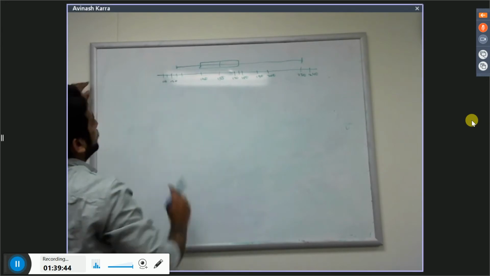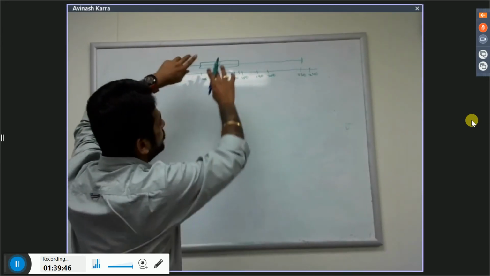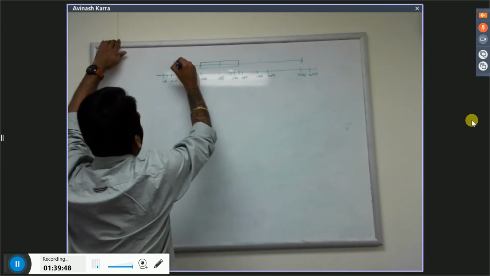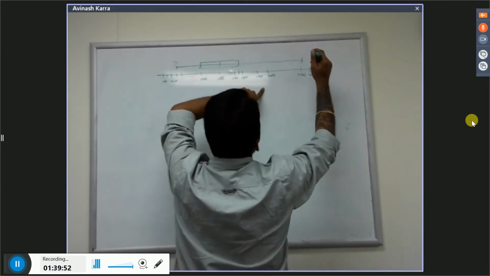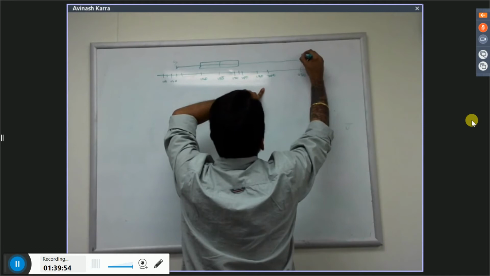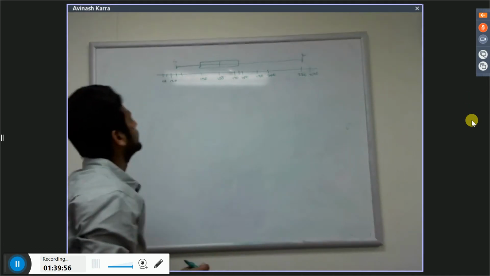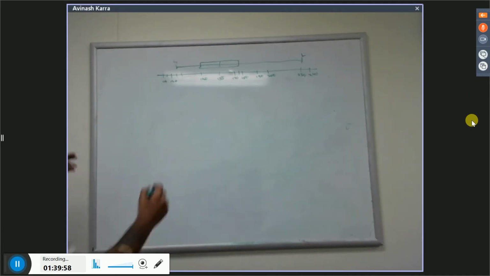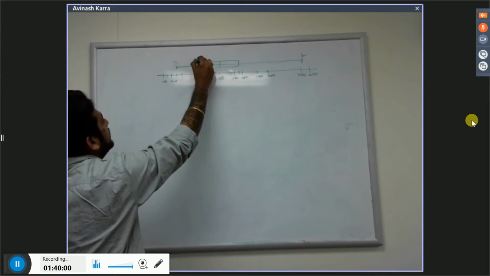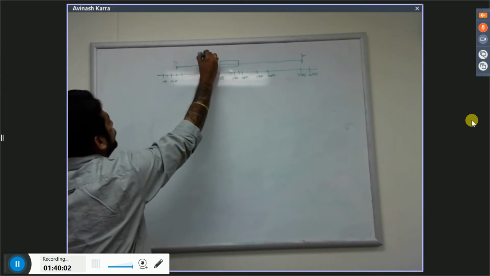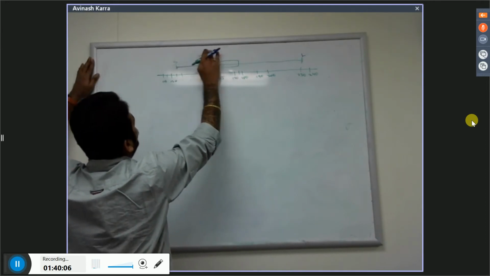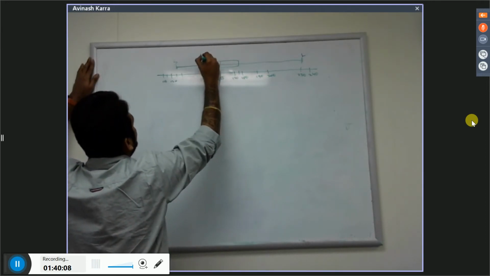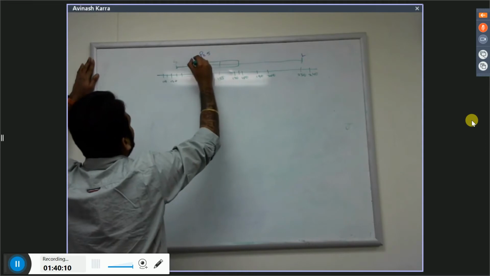I forgot to say, when we represent the box plot, this will be the smallest number, and this will be the largest number. And as I said, this will be P25, nothing but Q1.